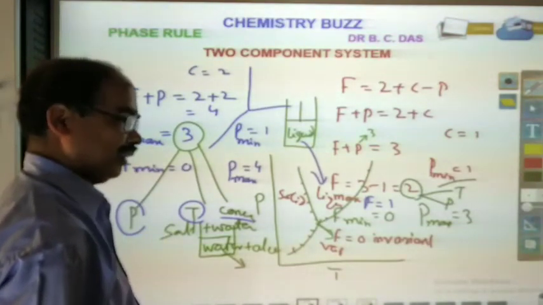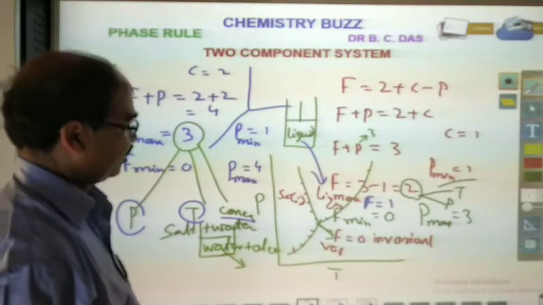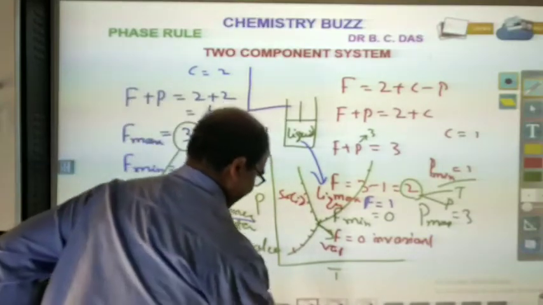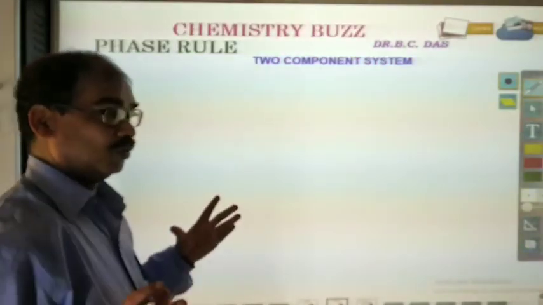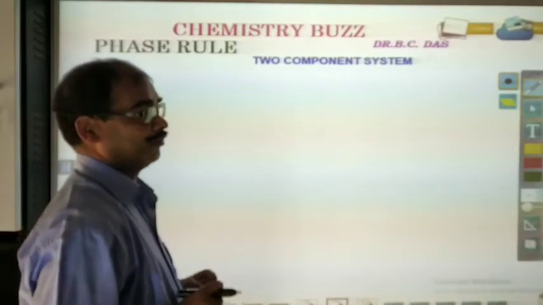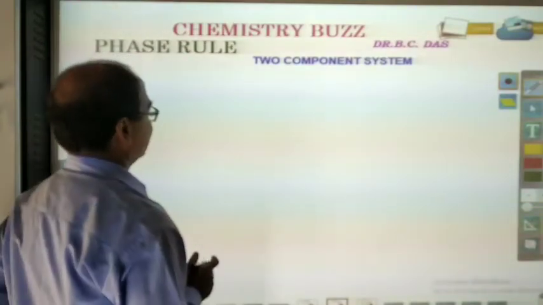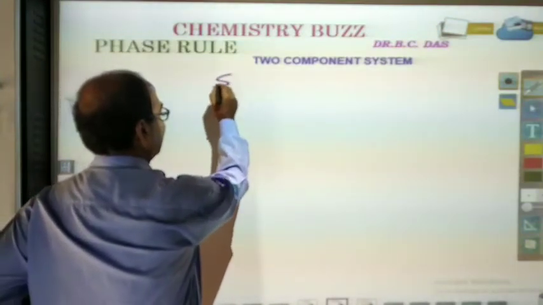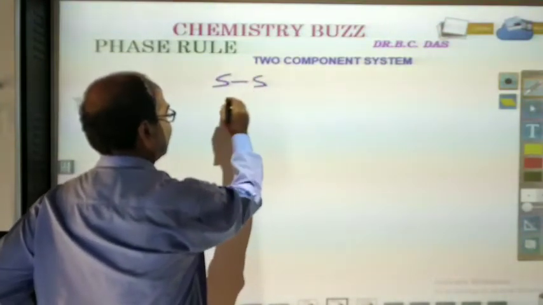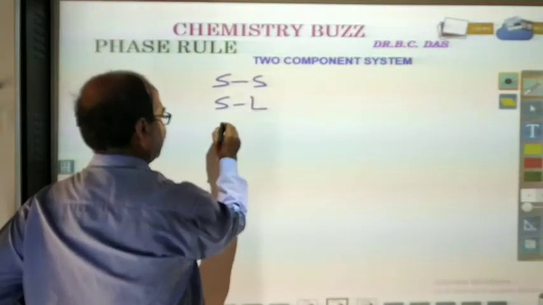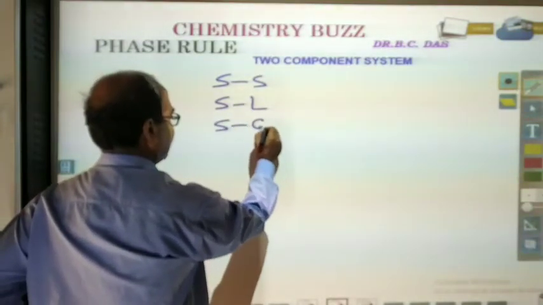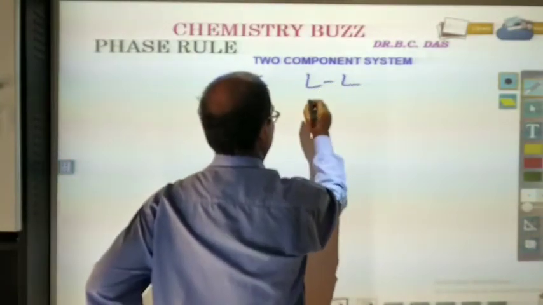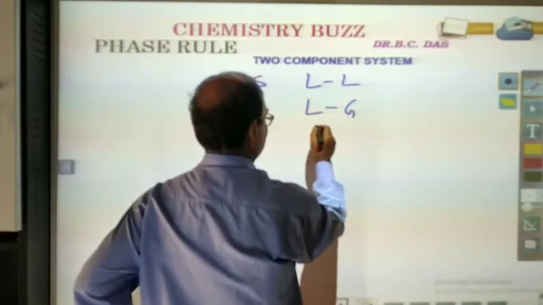But we have to devise a certain system. In 2 component system, we have different possibilities: solid liquid equilibrium, solid gas equilibrium, liquid gas equilibrium.